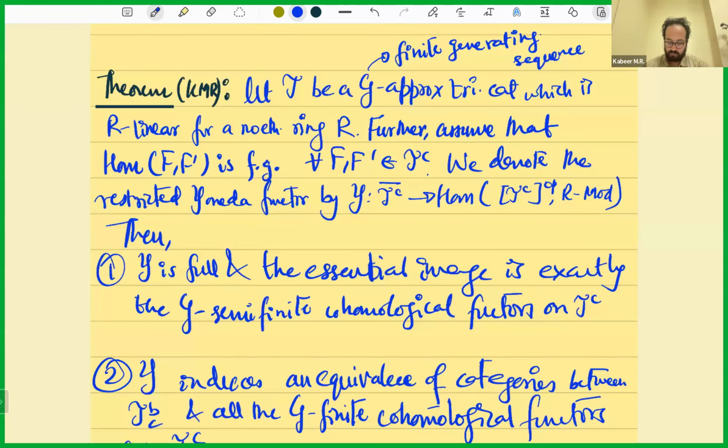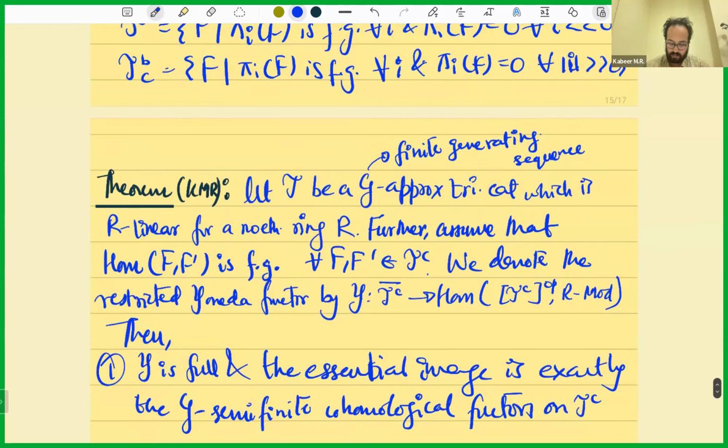Let T be a G-approximable triangulated category, and here G is assumed to be a finite generating sequence, importantly, which is R-linear for a Noetherian ring R. Further, we assume that the category is proper in the sense that the Hom sets of compact objects are finitely generated over R. And we denote the restricted Yoneda functor over the closure of T^c.